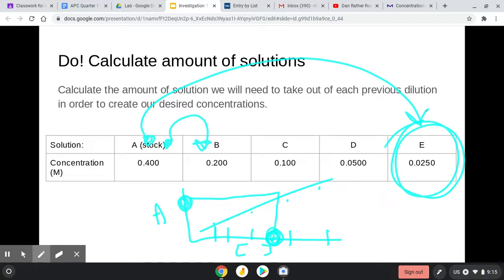We would probably need a specialized pipette or pipetter to take out the stock accurately and mix it with water for E. So that's problem number one.